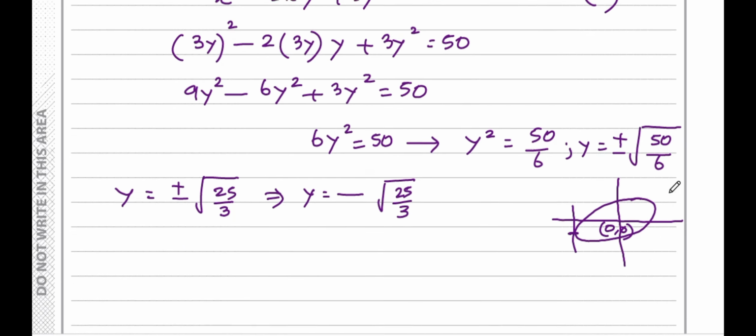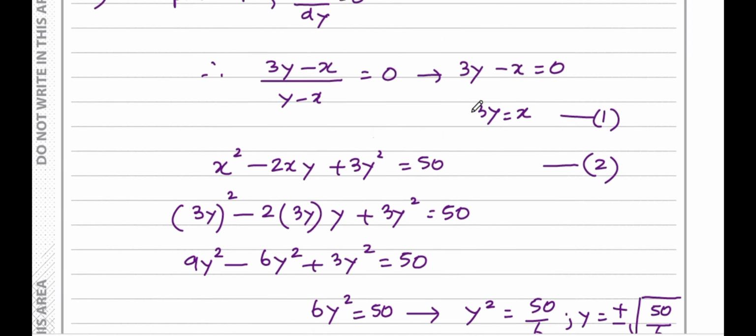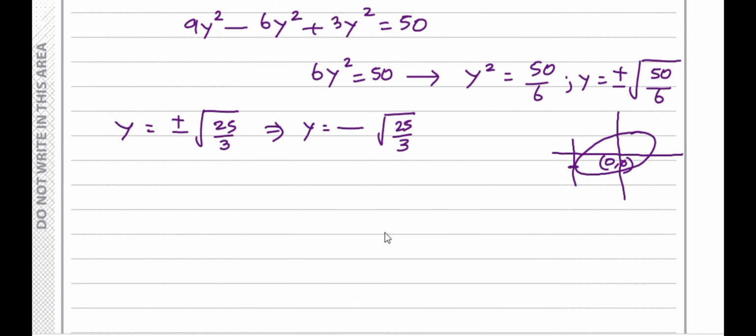Now we only need to find out the corresponding value of x. We already know the relationship between y and x here: 3y is equal to x. So x is equal to 3 times y, which means minus 3 times the square root of 25 over 3.